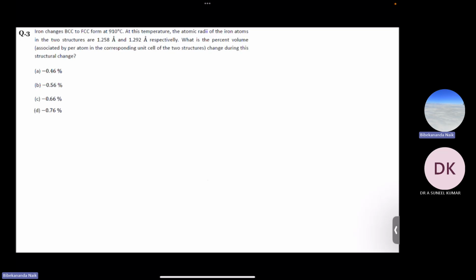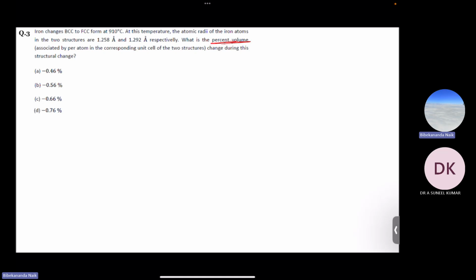What is the percent volume change during this structural change? It is also mentioned in the bracket, per atom in the corresponding unit cell of the two structures. So here we will find the volume per atom.